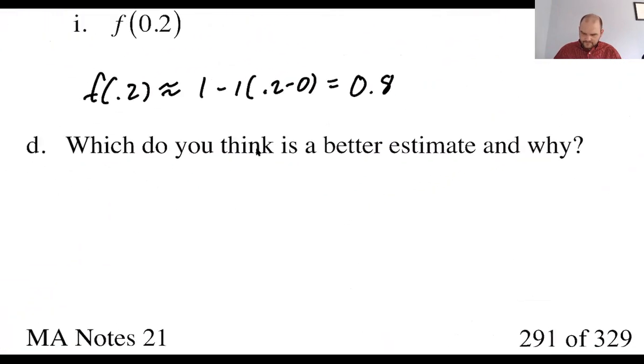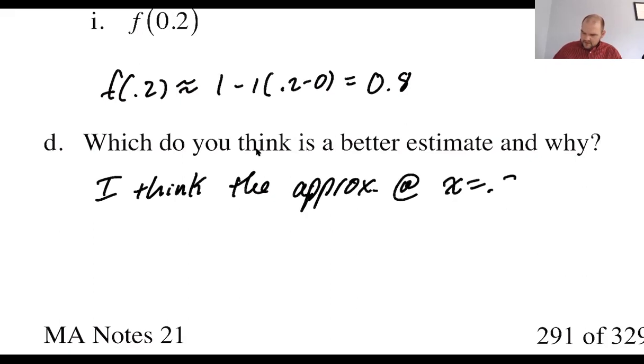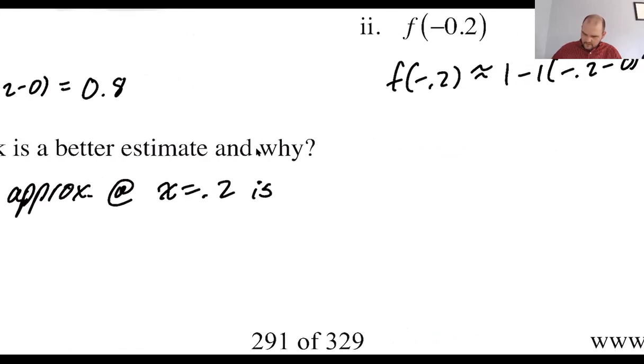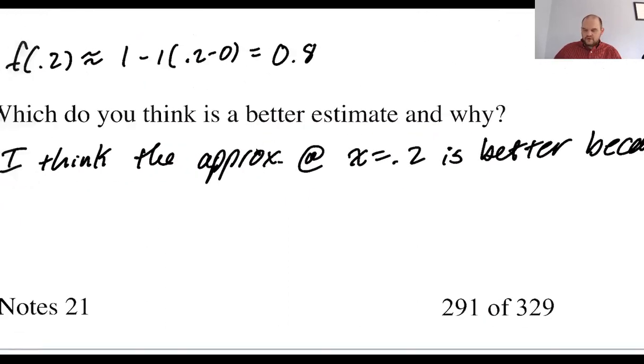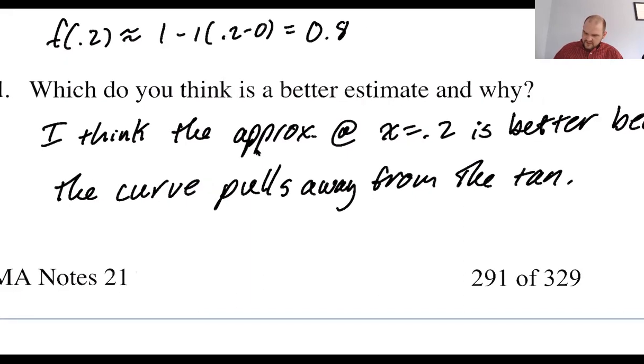So I think the approximation at x equals 0.2 is better because the curve pulls away from the tangent line less quickly in that direction.